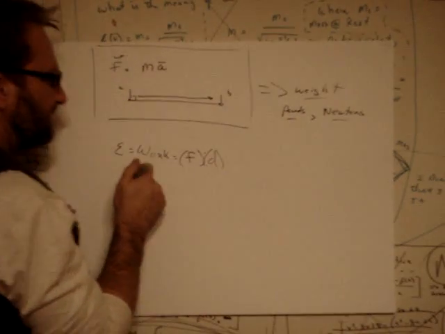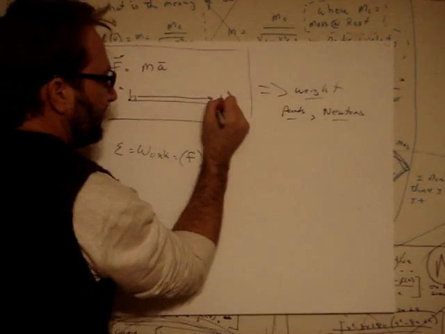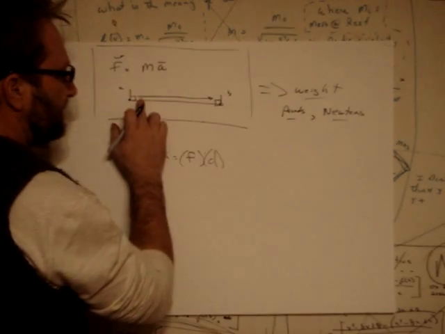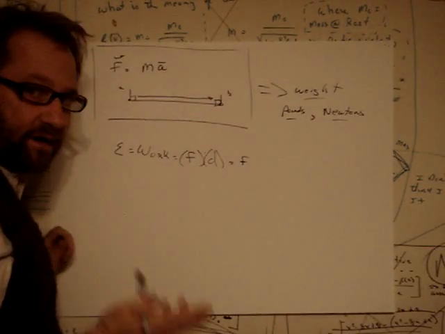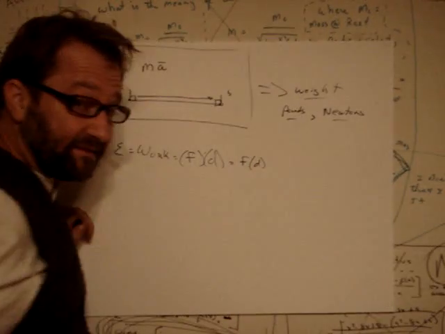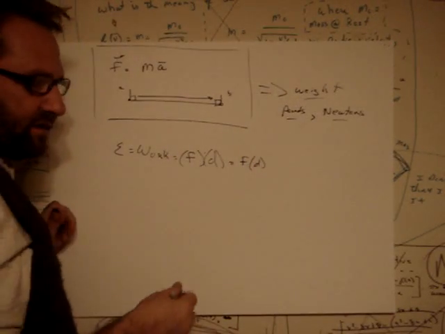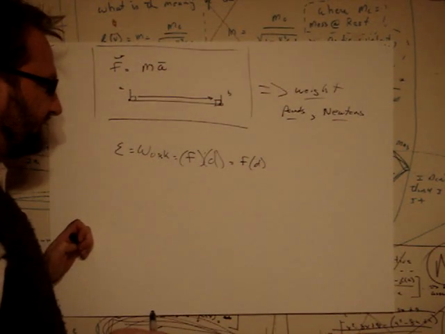Okay. So if we move this object from point A to point B, then we've done an amount of work equal to the force that we applied to the object times the distance that we applied the force. Of course, that's interchangeable mathematically with time and things like that.